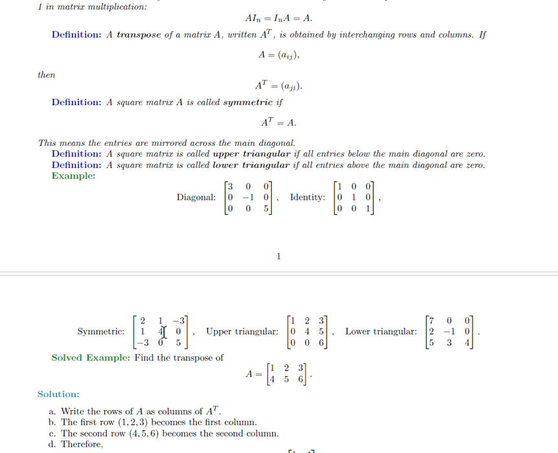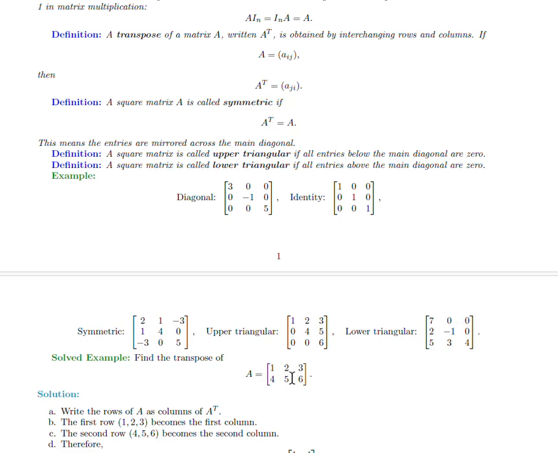This is a symmetric matrix because if we switch the rows for the columns, we'll have the same matrix back. You can try that out. And then this is upper triangular because below the main diagonal all entries are 0. This is lower triangular because above the main diagonal all entries are 0.